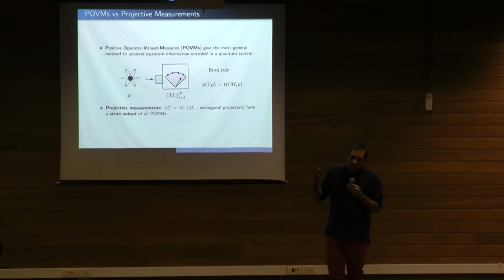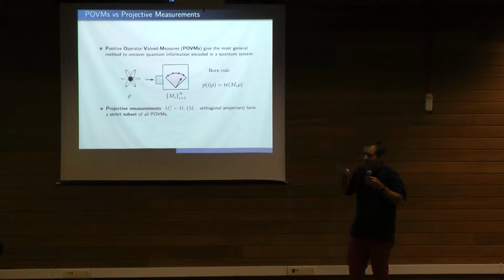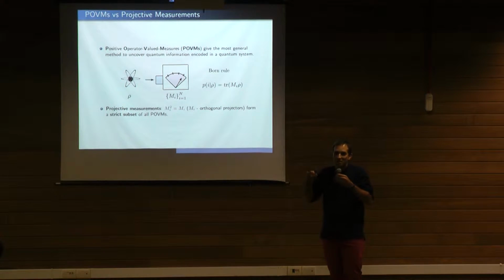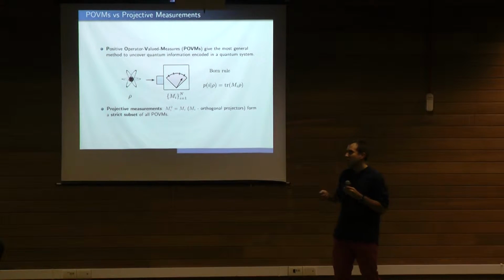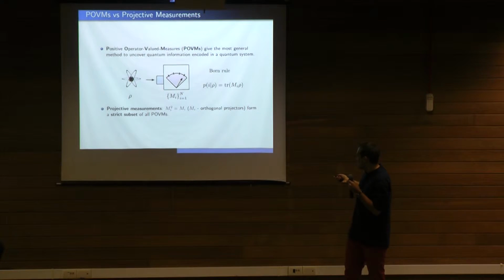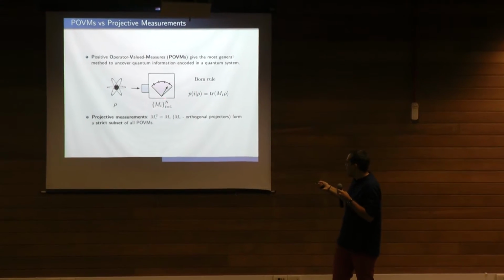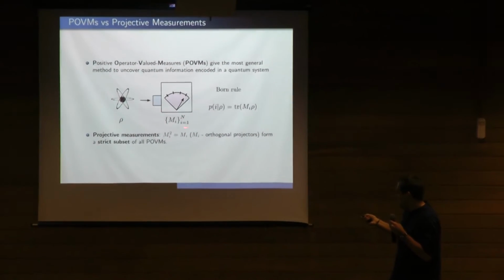Why are quantum measurements useful in quantum theory? Because they uncover the classical information encoded in quantum states. Because of the Born rule, when you have some quantum state and you measure it by some apparatus, you recover the output statistics by computing overlaps of the effects of your measurement with the state.